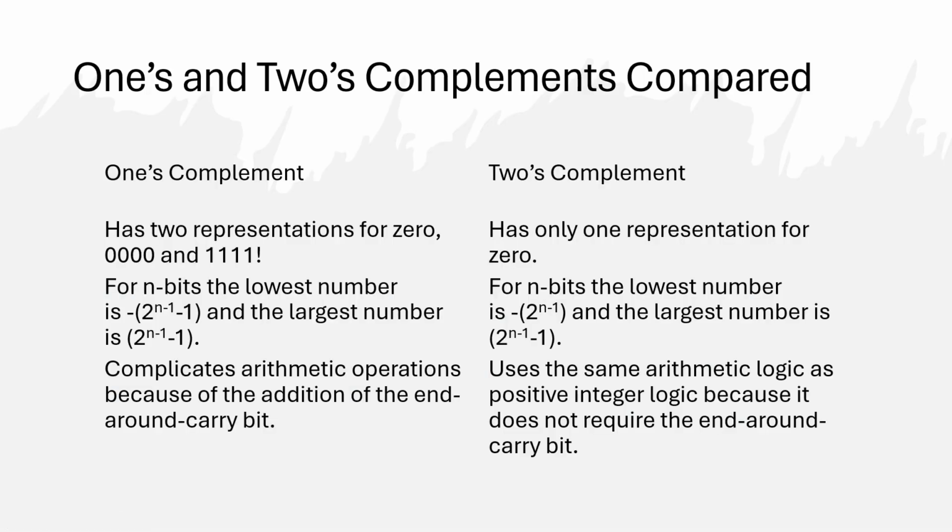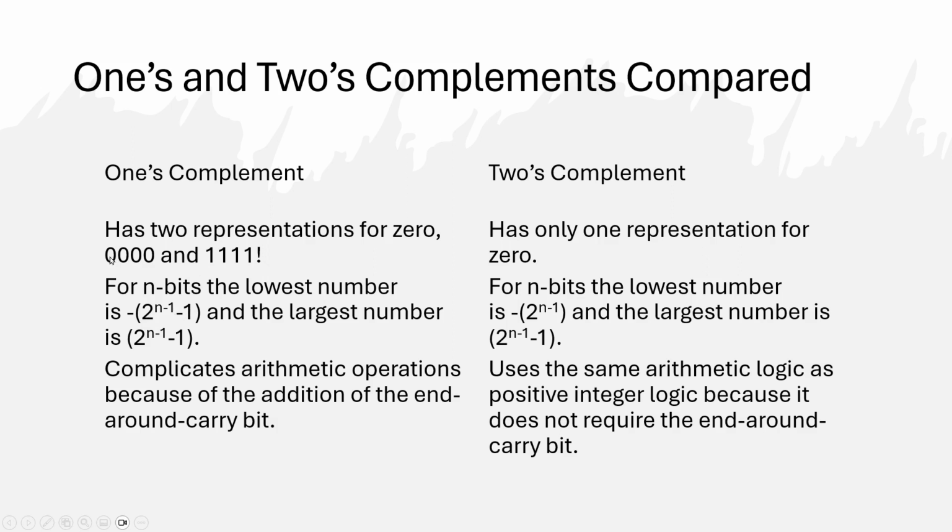There are some other interesting differences, other than the representation of 0 as we just looked at. For n bits under the ones complement system, the lowest number in the system is 2 to the (n-1) power minus 1, multiplied by -1 to make it negative.